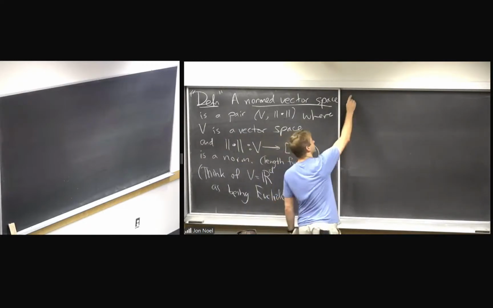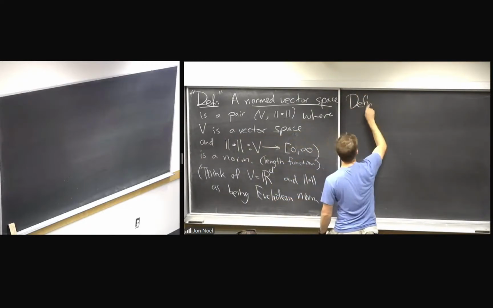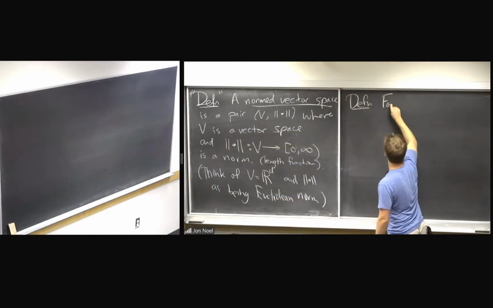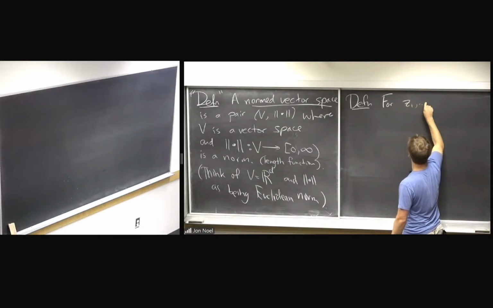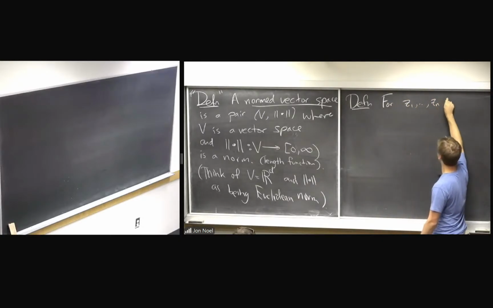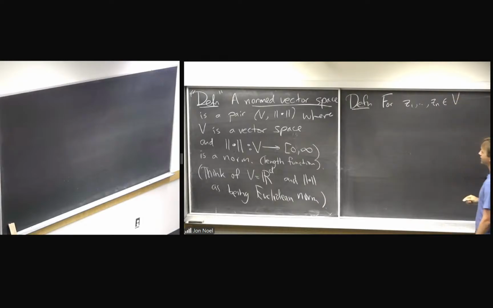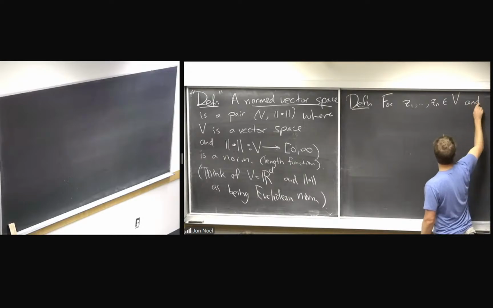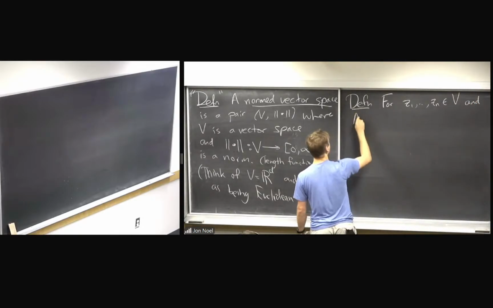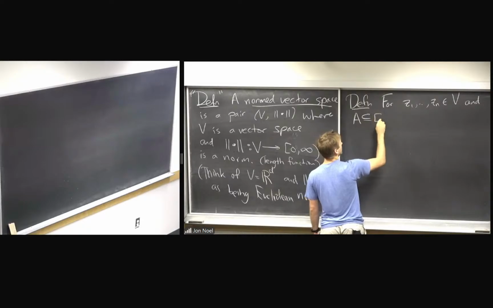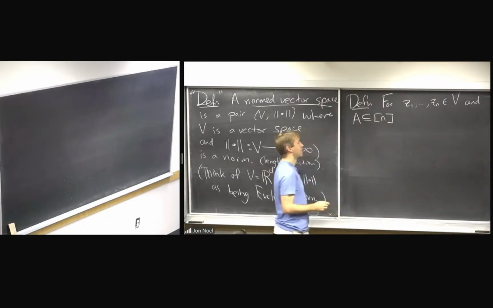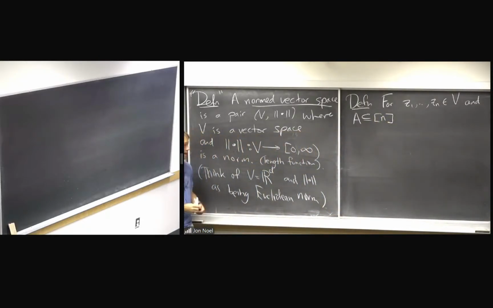So here's another definition. We're going to be thinking of taking a bunch of points, Z1 up to Zn, in a vector space, and a subset A of 1 up to n.